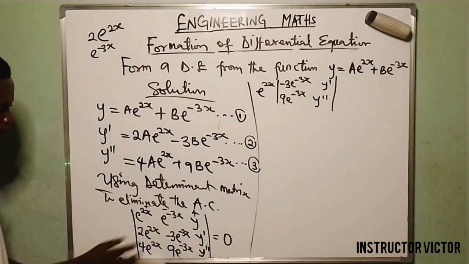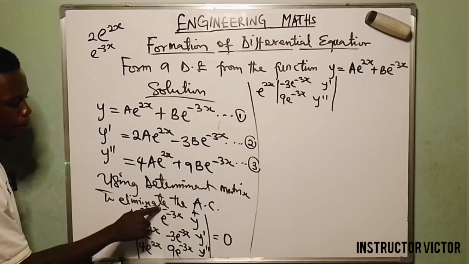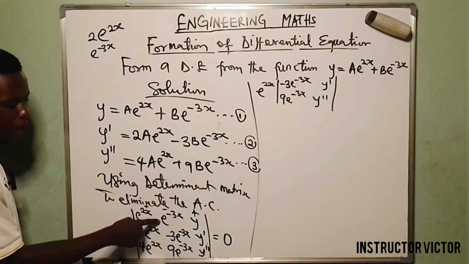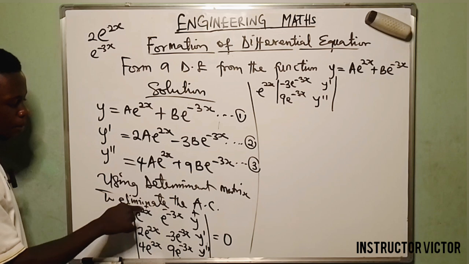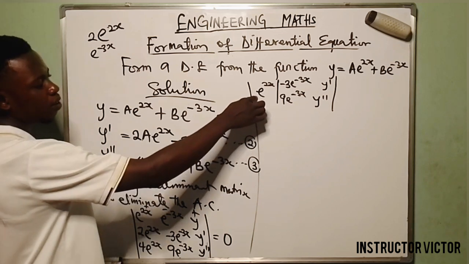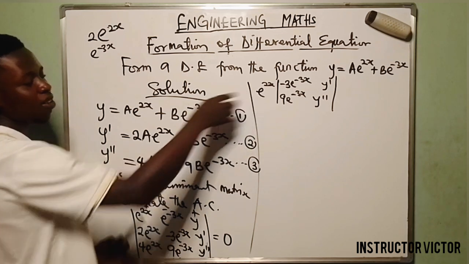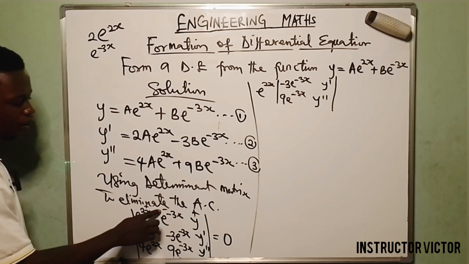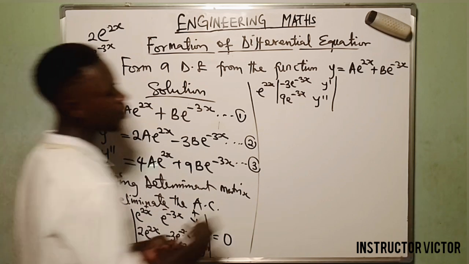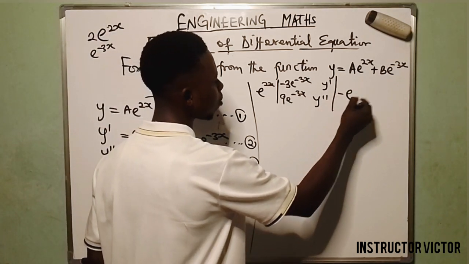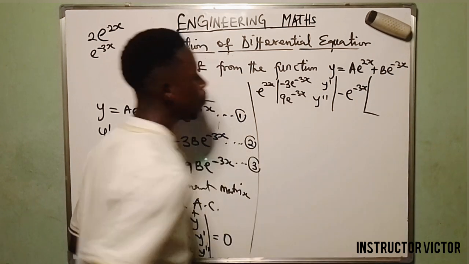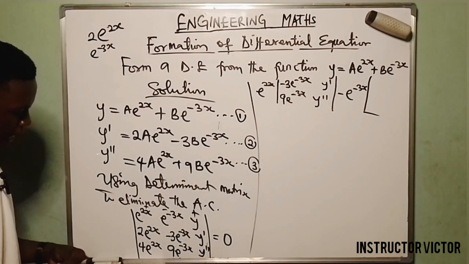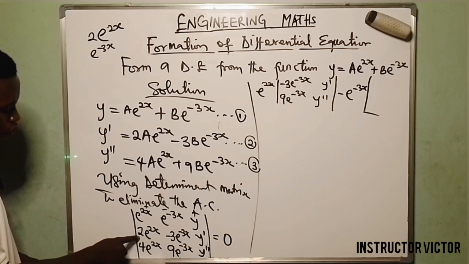Now you go to the second one, which is minus exponential minus 3x. Don't forget, here is plus, here is minus. Because here is plus, you don't need to add plus here, it is still the same thing. Now here minus exponential 3x. Minus exponential minus 3x, you open your brackets. Now when you open brackets, what do you have? You have 2.